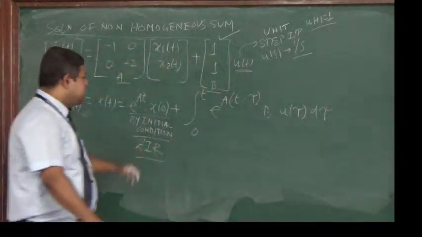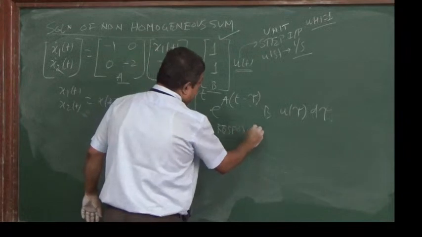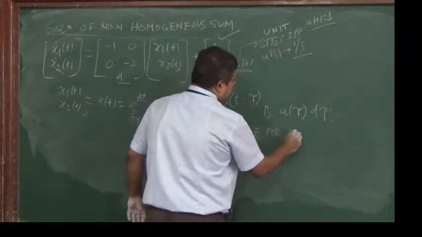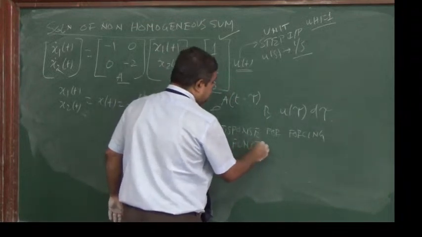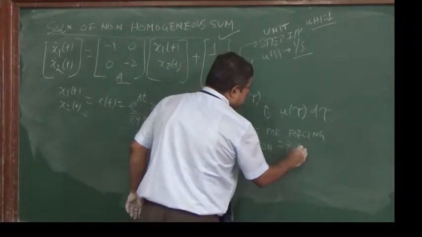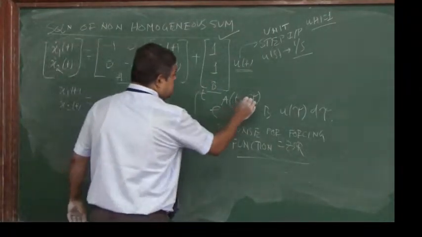This is actually the response for the forcing function, which is the zero state response. Please write it down.